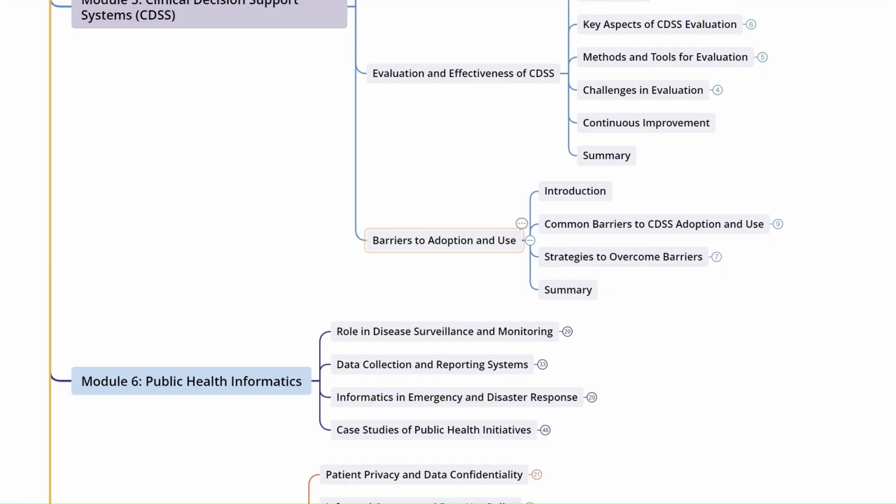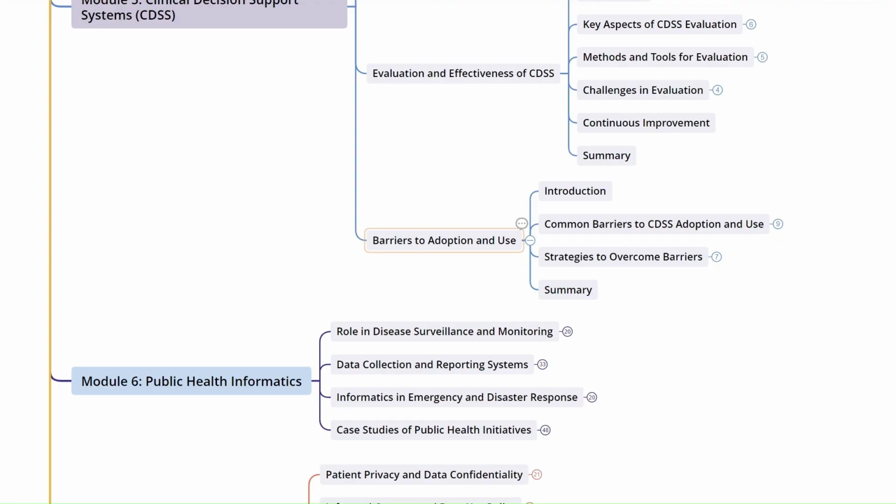Clinicians often express skepticism or resistance, especially when alerts are perceived as irrelevant or disruptive, leading to alert fatigue, a phenomenon where critical warnings are ignored due to excessive notifications.